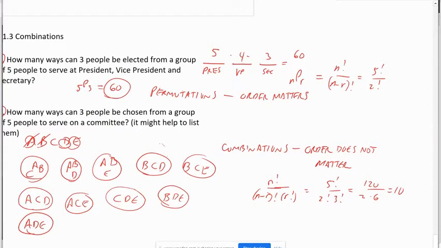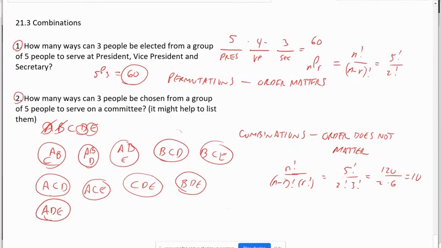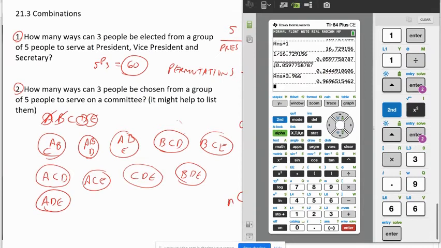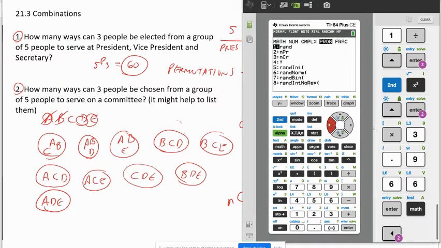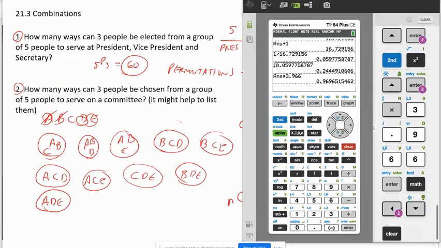So the number of combinations, the notation is nCr instead of nPr. And that is always n factorial over n minus r factorial times r factorial. You can also find that in the same place on your calculator under math probability, right under nPr is nCr.